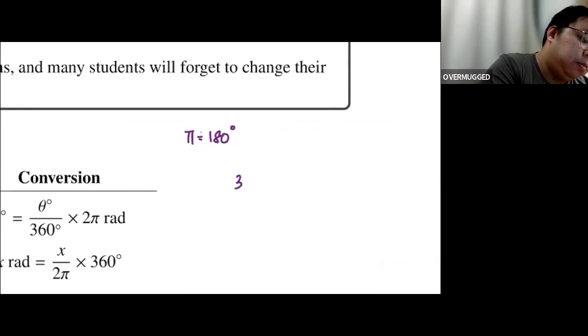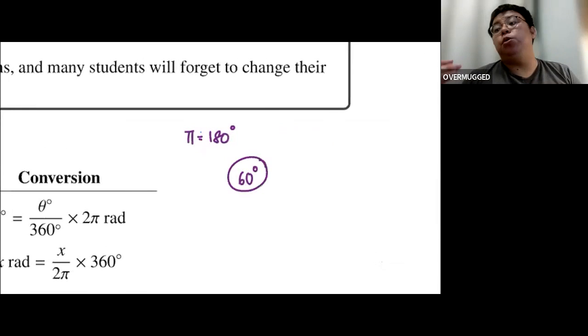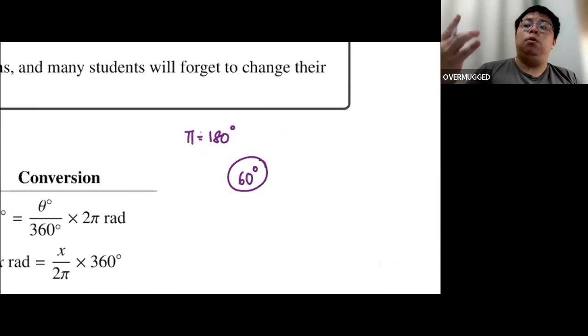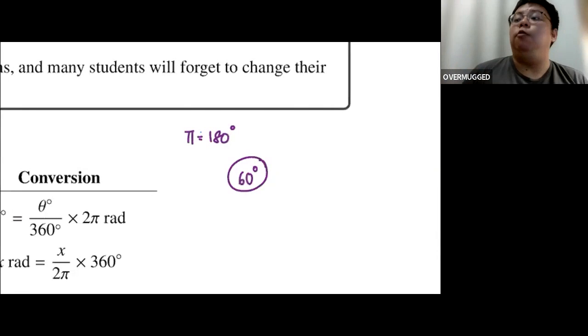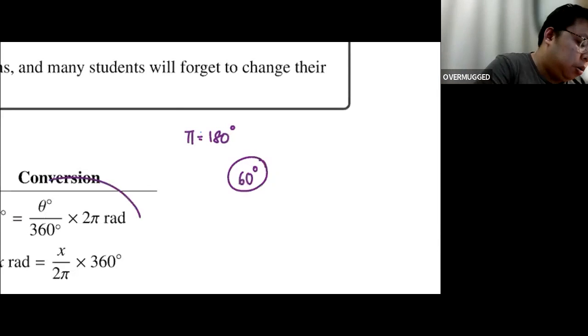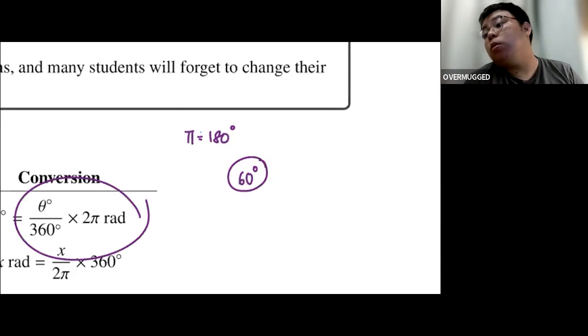Just now I used 60, right? For my 60 degrees, I'm going to find out how much of pi is 60 degrees. If I know that pi gives me 180, and I know that 180 divided by 3 gives me 60, then 1/3 of pi will give me that. And this calculation here will help you to compute it.